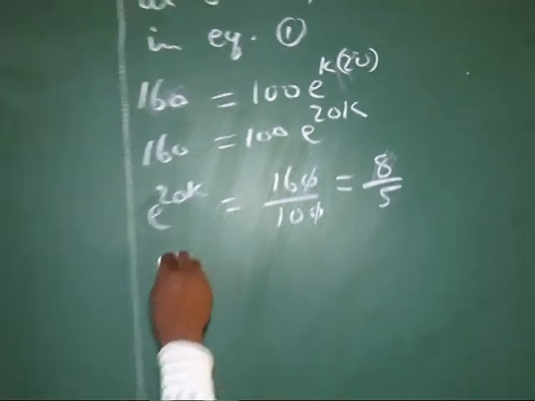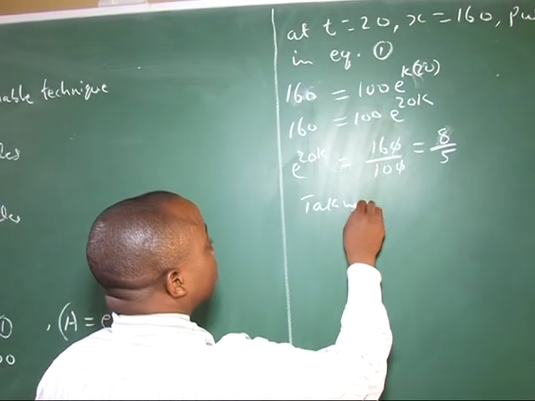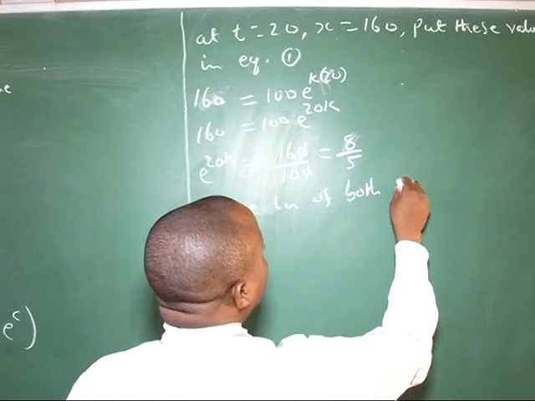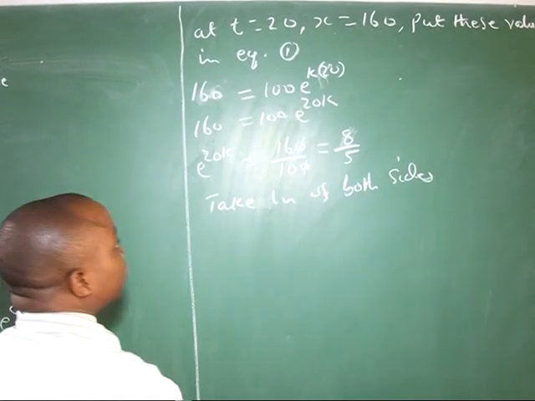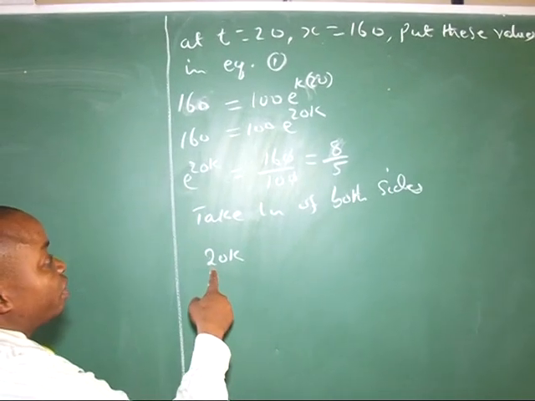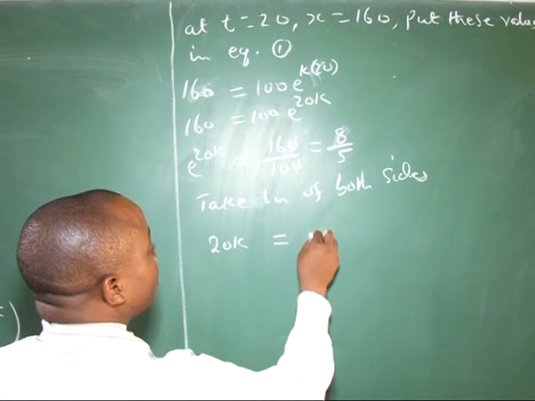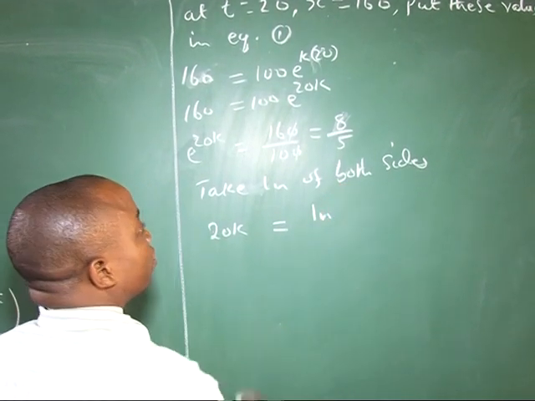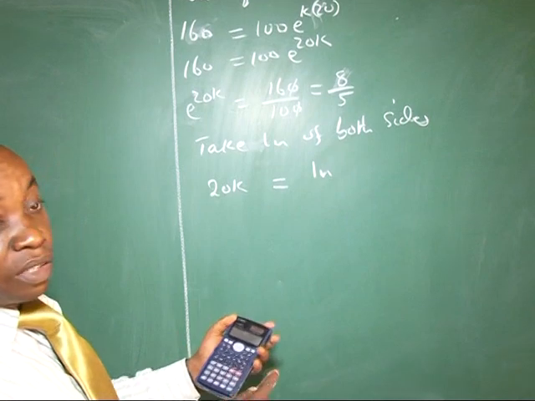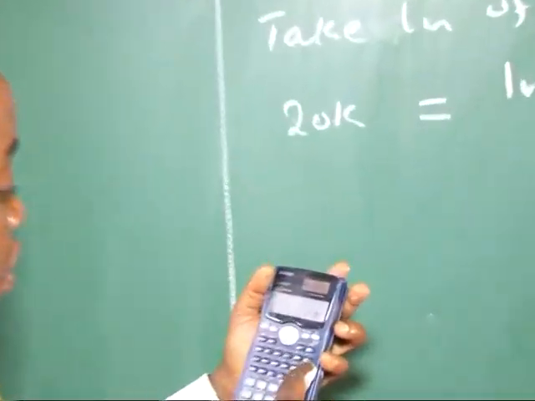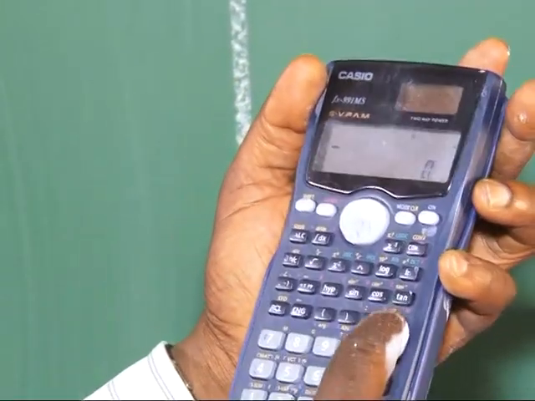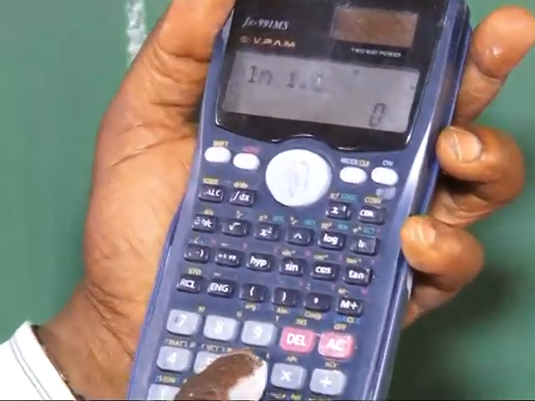The next thing we'll do is to take ln of both sides. If we do that, we'll have 20k, because this is exponential, equal to ln of 8 over 5. Since 8 divided by 5 is 1.6, we have ln 1.6.